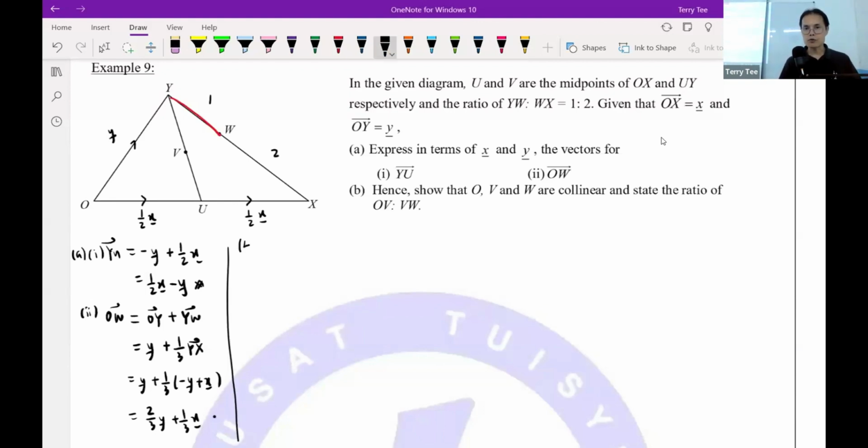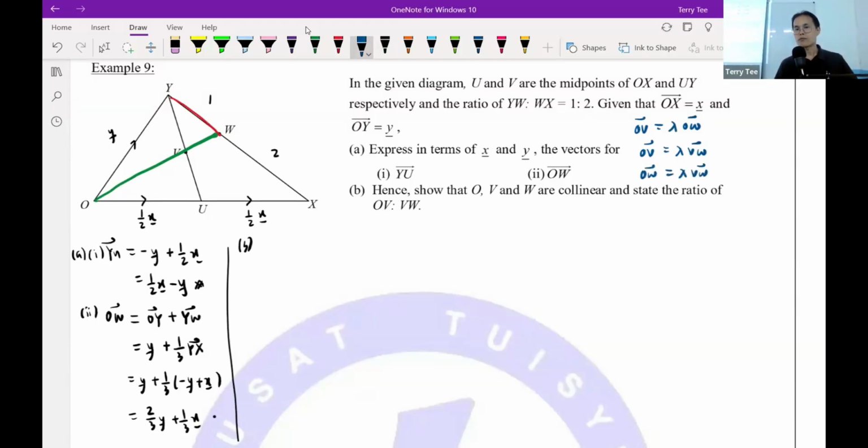I want to show that O, V and W are collinear. So OVW is this line. When you're collinear, like I said, you have more options. You can write OV equals lambda OW. We can say OV equals lambda VW, or OW equals lambda VW.